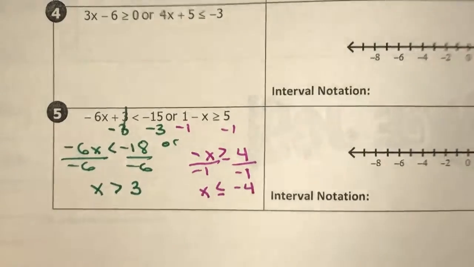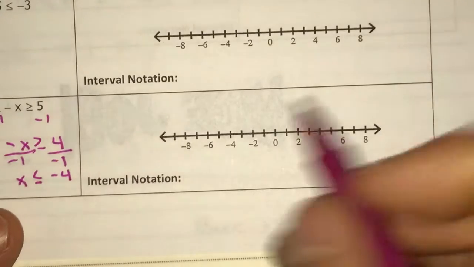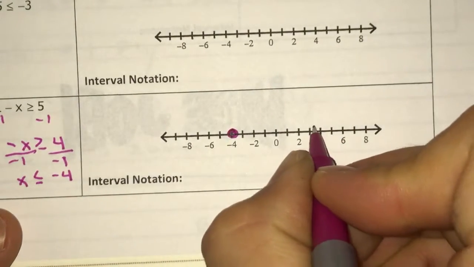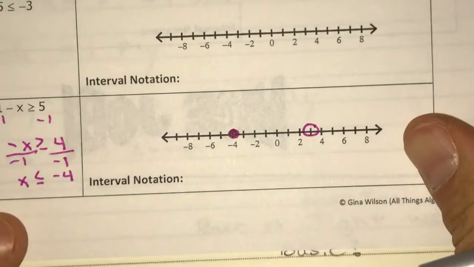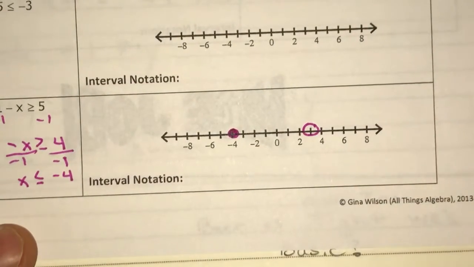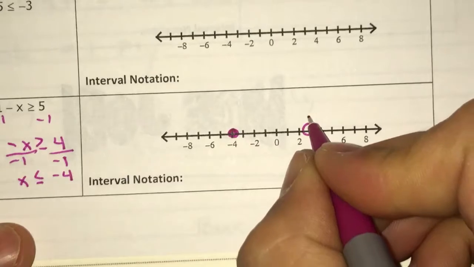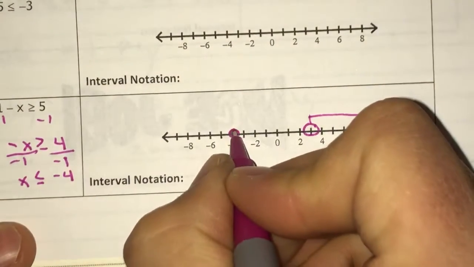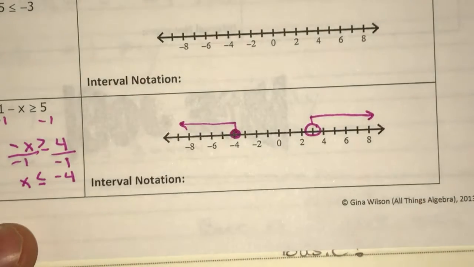So now I need to go to -4 and 3. Closed circle on -4. Open circle on 3. X is greater than 3, so that goes to the right. And x is less than or equal to -4, so that goes to the left.